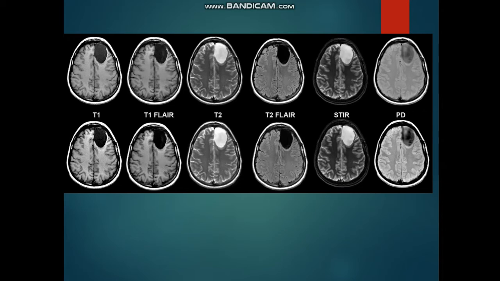The strength of the MRI signal depends not only on proton density, but also on two relaxation times, T1 and T2.